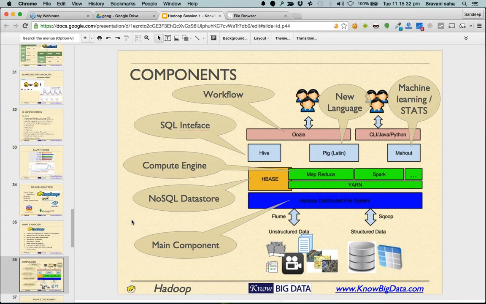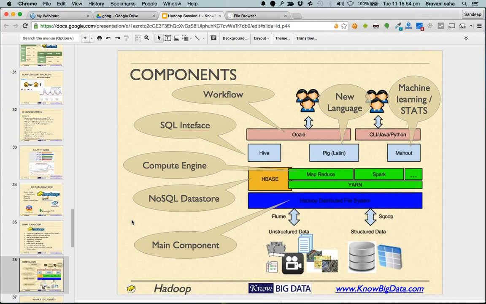A database which is not really a typical relational database or RDBMS database. Instead, it's a database that runs on multiple computers at the same time, meaning when you create a table in such a database, the table is distributed on multiple computers.